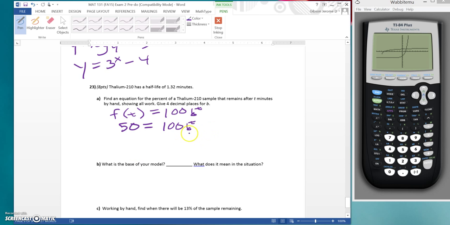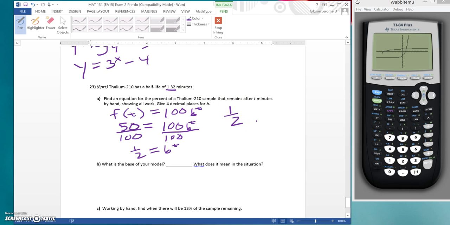Now, what we would have to do is divide each side by 100. So we would have 0.5, or 1/2, is equal to b to the t. Now, what we're trying to do here is solve for b. Okay, now in our directions here, it tells us that our t is 1.32 minutes.